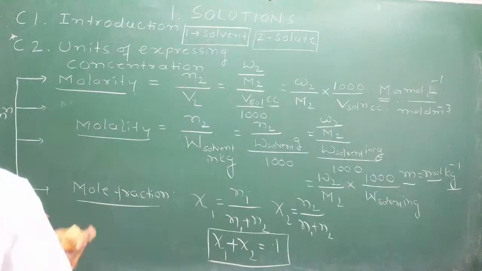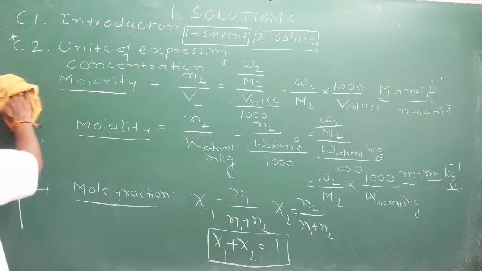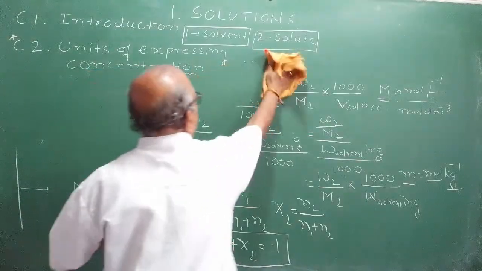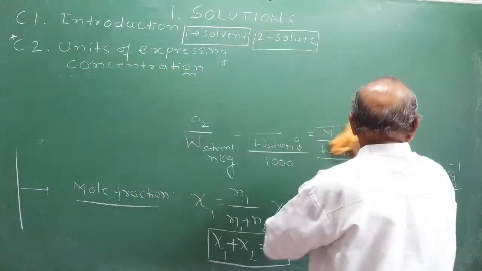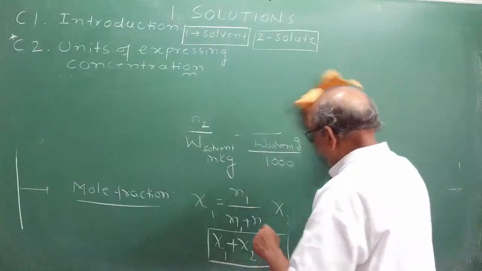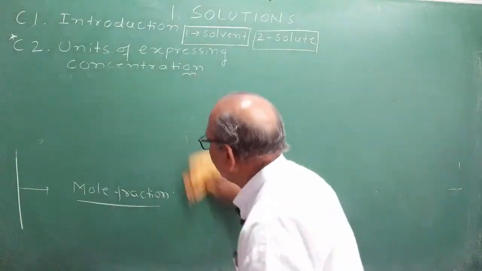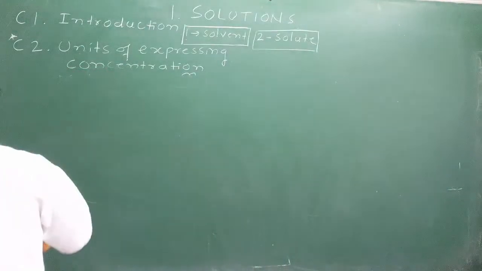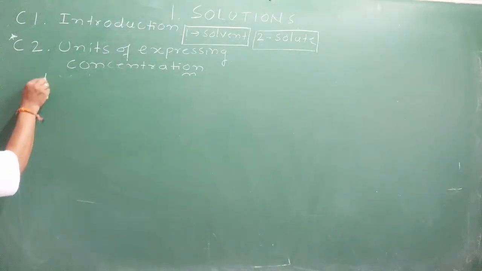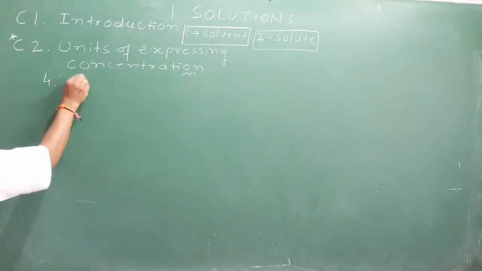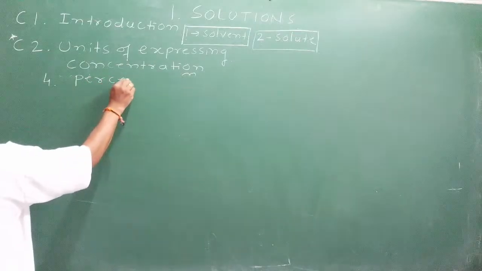So numericals in this particular chapter are very important. And before we continue with the numericals of first level, very important numericals. This is a numerical based chapter. We'll see another unit, the fourth unit, which is called percentage.